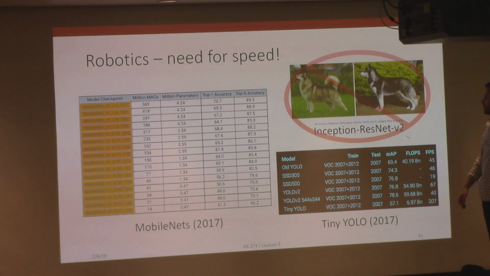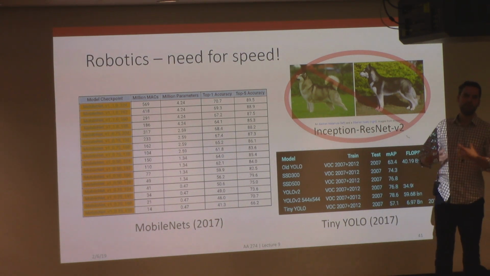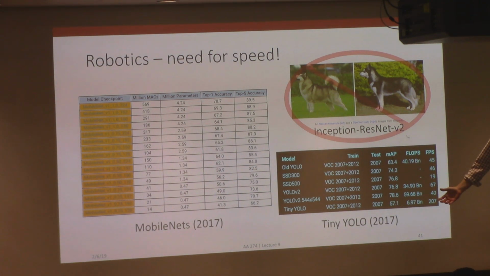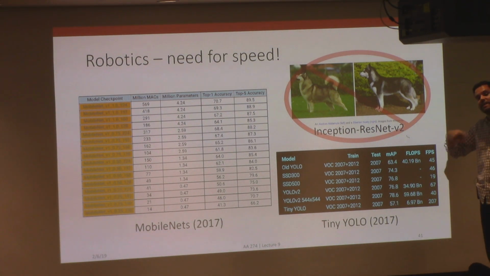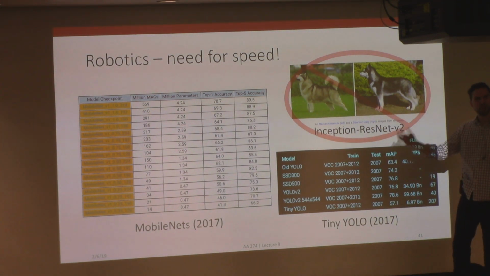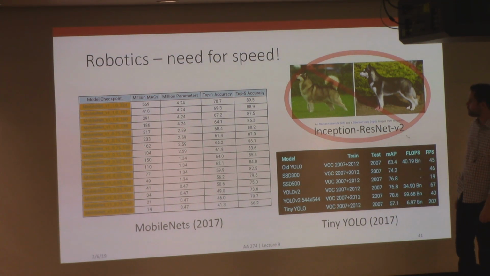The thing we have to keep in mind, and why we talked about speed and efficiency, is that in robotics, you really need high-speed performance. Because online, if you're moving at, I guess for your turtlebots, maybe it's not so important, 20 centimeters a second, but if you have a car, things change pretty fast in 1 second, so you really want the ability to run high-speed classifications. Something like Inception, ResNet, Inception V3, these huge models are really slow to run online, because there's a lot of computation you need to do.